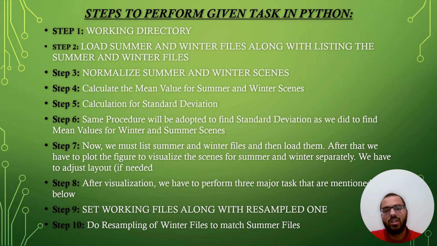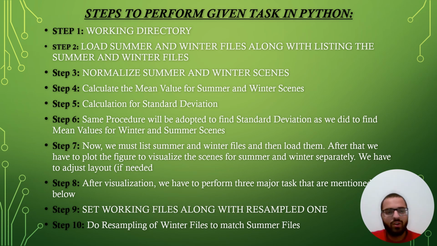And then after visualization we have to perform three major tasks. Those are mentioned below: we need to do the pixel comparison, and two more tasks we did. You can find them in my coding. So it's the set working files along with resampled ones for the winter season.